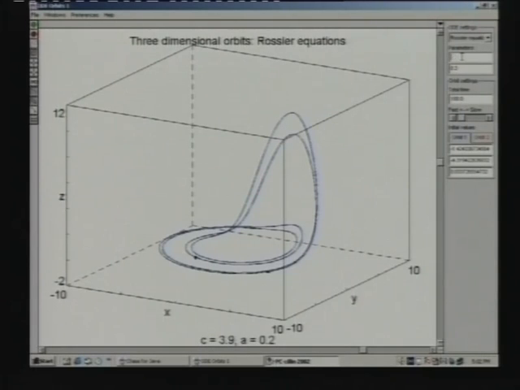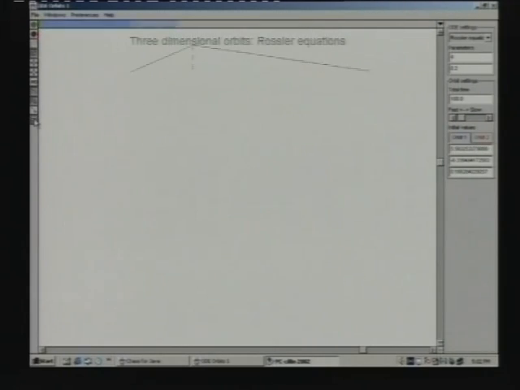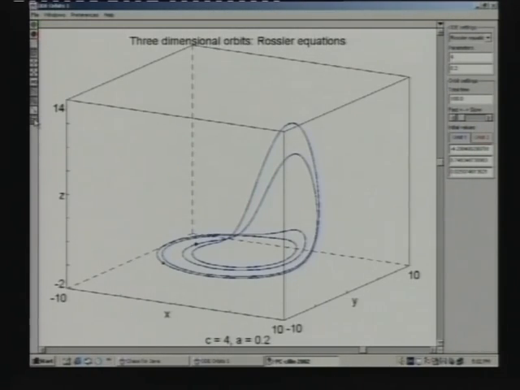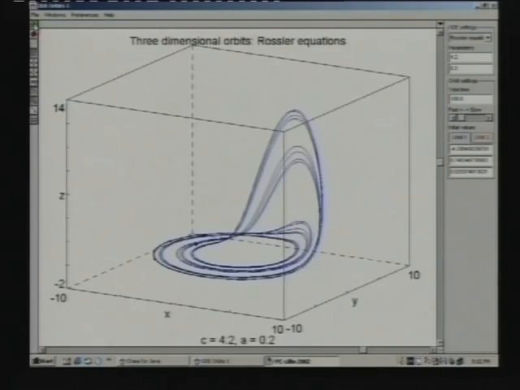Increase it further. How many? Still 4, huh? How many?